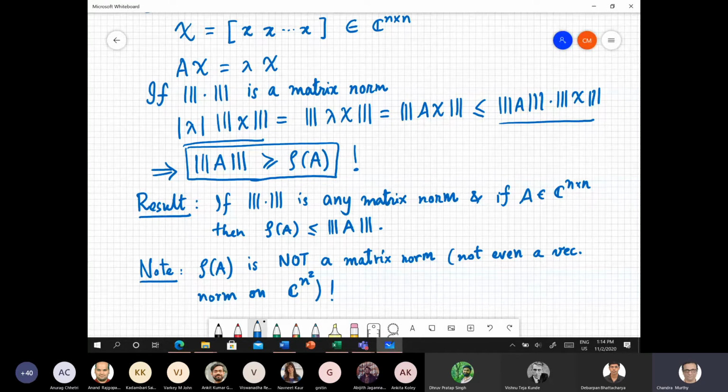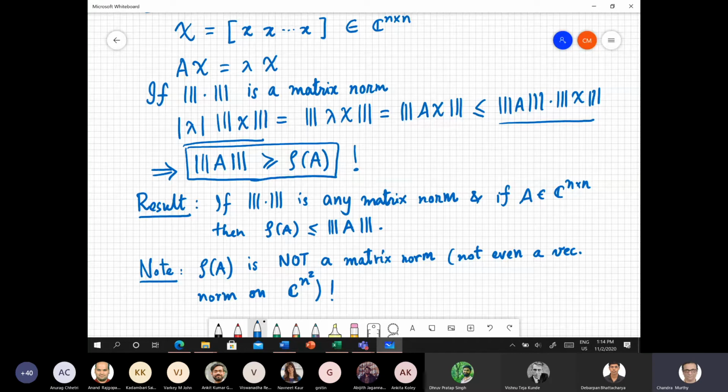But it is a lower bound for any norm of A. Of course, if I want a lower bound on the norm, I can always say norm of A is greater than or equal to 0. It's the non-negativity property of the matrix norm. But that is a trivial lower bound, it's not very interesting. But norm of A greater than or equal to rho of A is a very non-trivial lower bound. So that is the property of this rho of A.